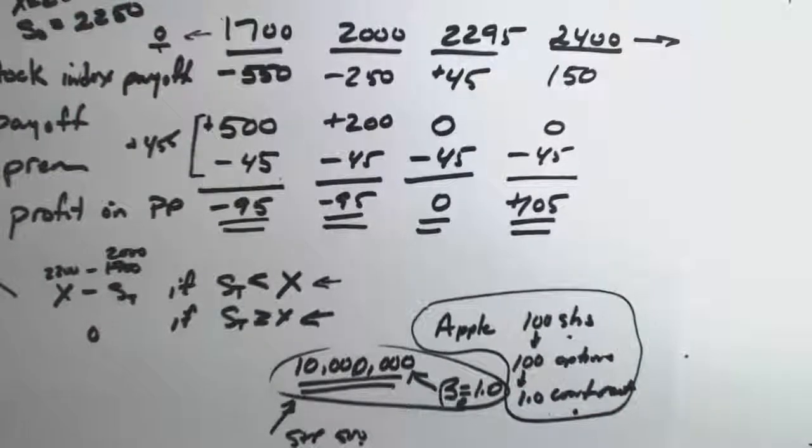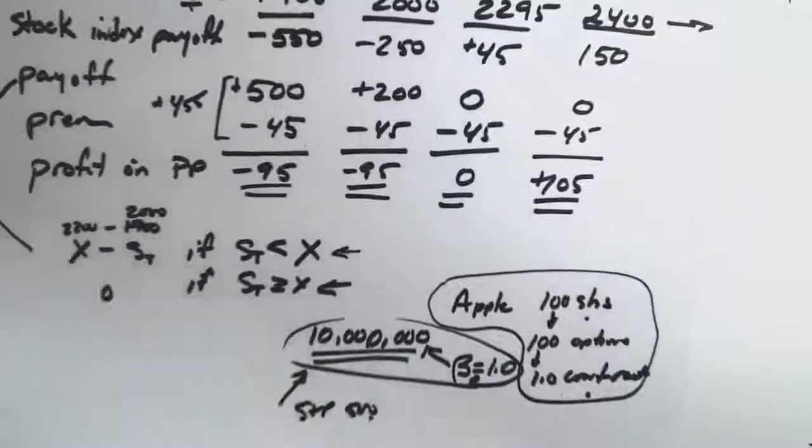I'm going to give you a formula that will calculate the number of contracts that are needed. And from that formula, we'll get a lot of intuition as to why we need such a number of contracts.